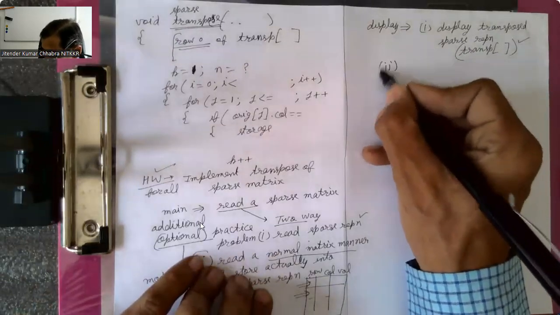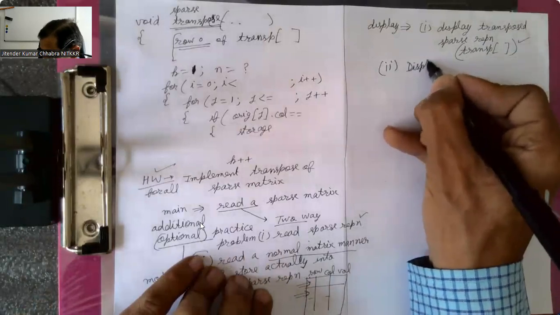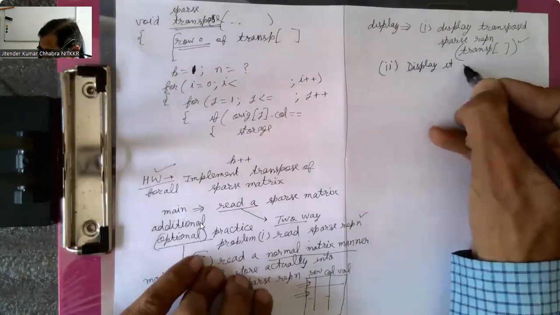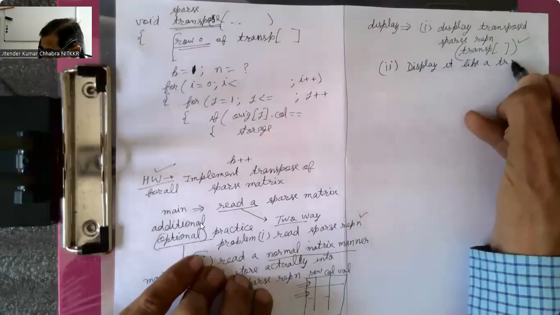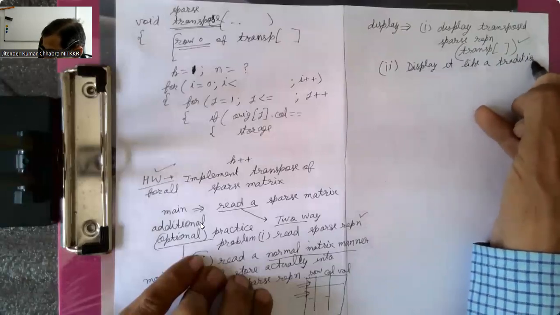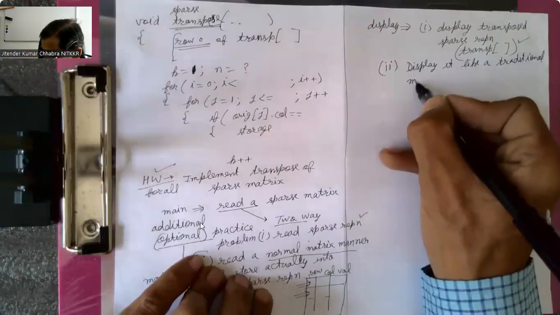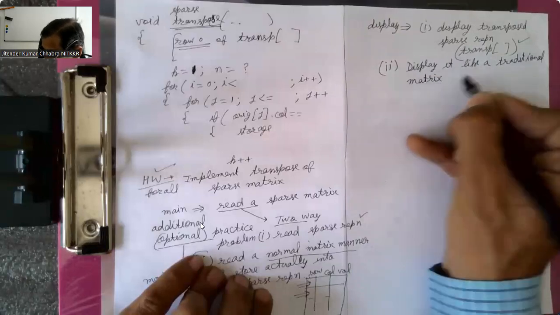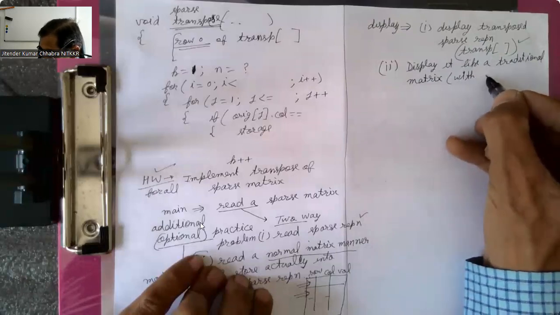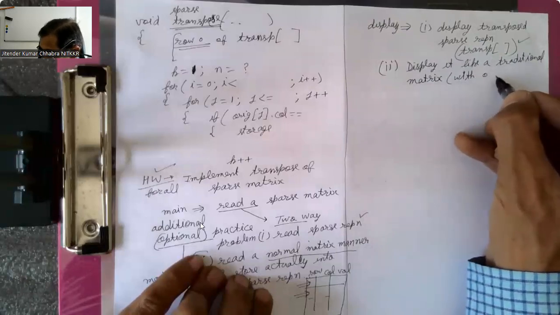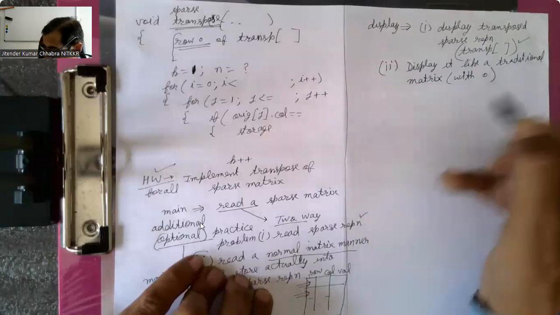Second, display it like a traditional matrix with zeros also. Wherever entries are non-zero, those are shown as non-zero, and all remaining entries are also shown at the possible places.